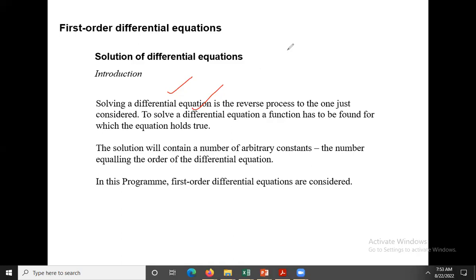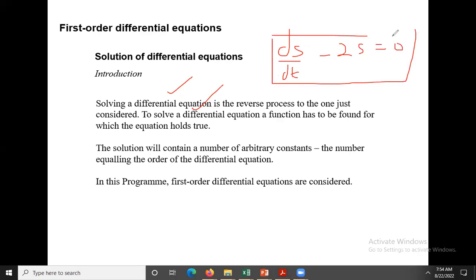In this case, let's say we are given ds/dt minus 2s is equal to 0, and you are asked to find the solution to this differential equation. The solution is just to find the function s itself.